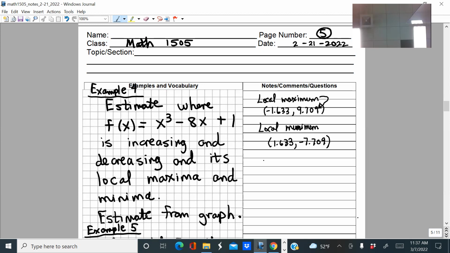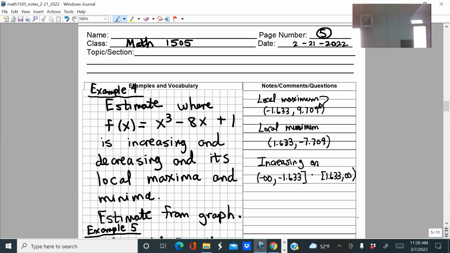So where is the function increasing? From minus infinity to minus 1.633. And then is it again from 1.633 to infinity?